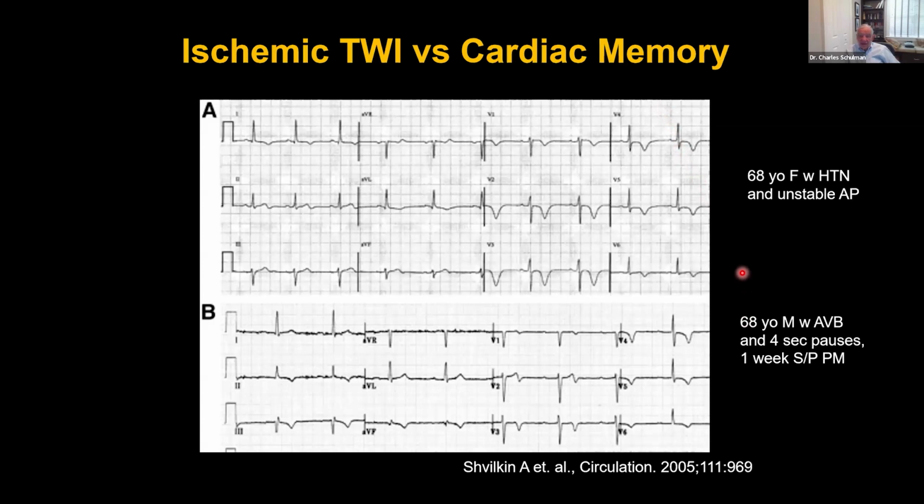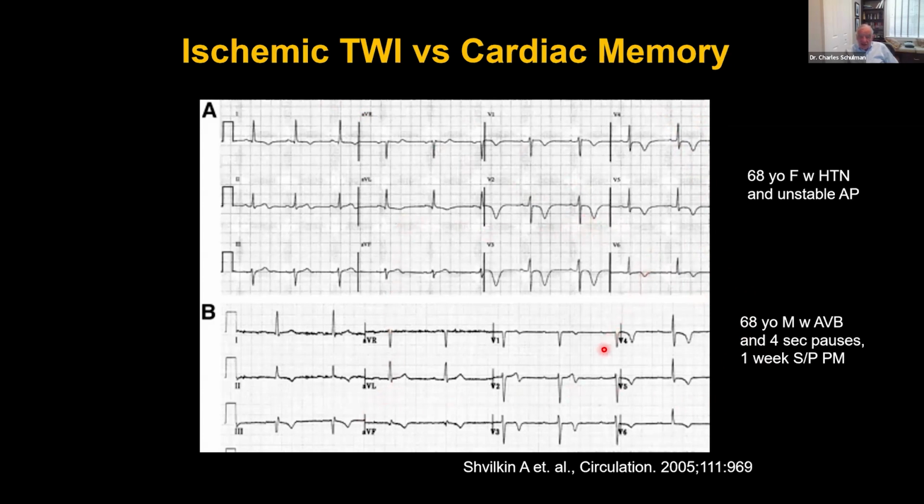So here are two examples to show you the difference between ischemic T-wave inversions and cardiac memory. So this is cardiac memory here, and this is ischemia.